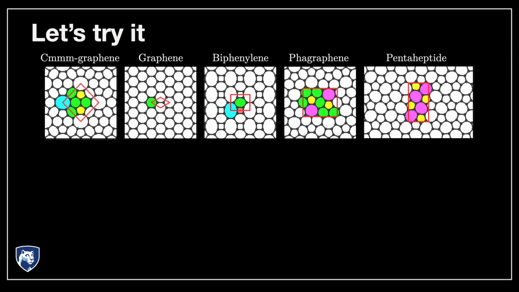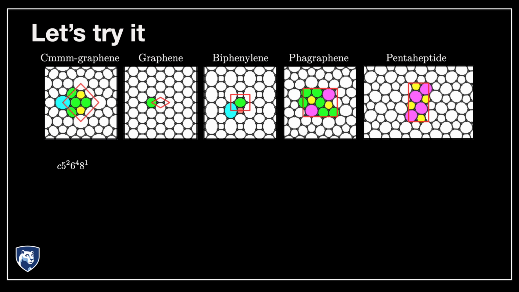So I picked 5 structures here that come from the list I showed you before. And this first structure here, the first on the left, we see is a centered structure in the lattice type. There's going to be a C. We have 2 pentagons, so it's going to be 5 to the power 2. Then 4 hexagons, so it's going to be 6 to the power 4. And then we have 1 octagon, so it's going to be 8 to the power 1.